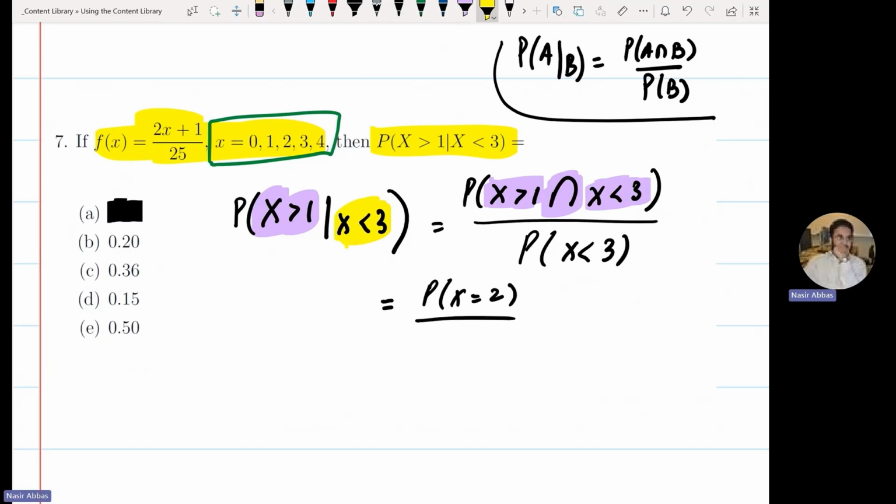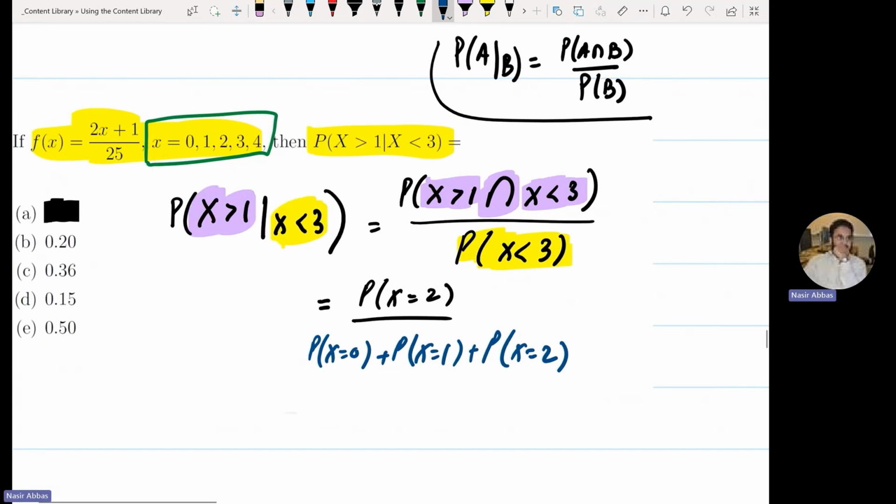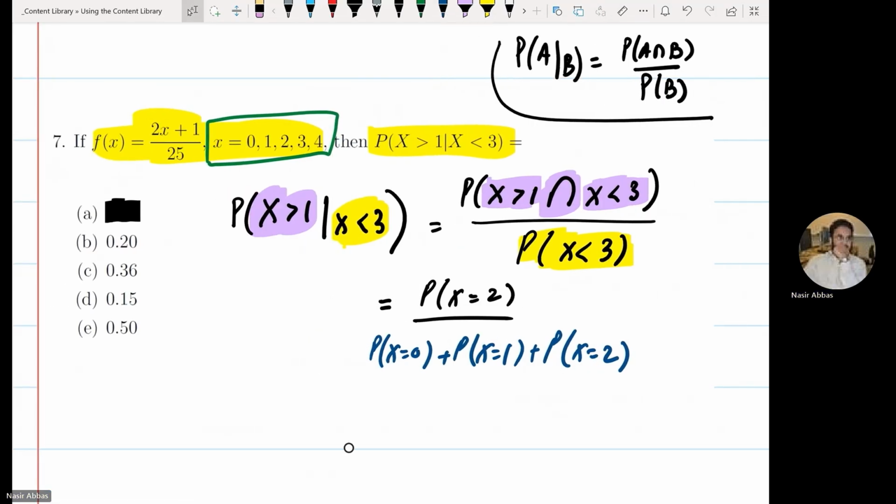And what are the values of x which are less than 3? 0, 1, 2. So this is probability of x equals 0, equals 1, equals 2. Right? Just plug in. Now, what is the probability that x is 2? 2 times 4 plus 1, 5 over 25, 1 over 5. Over, what is the probability that x is 0? 1 over 25.